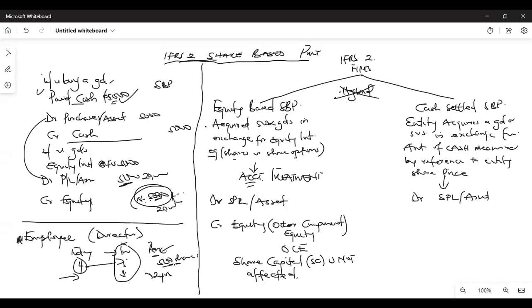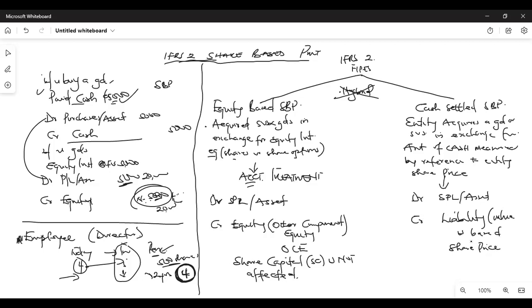So if the value of my share price in two years' time is 4, then I'm going to pay you cash, but the reference of my cash will be the share price of the entity at the time the payment is being made. So what you do is to create a liability, but the value of that liability is based on the share price of the entity.